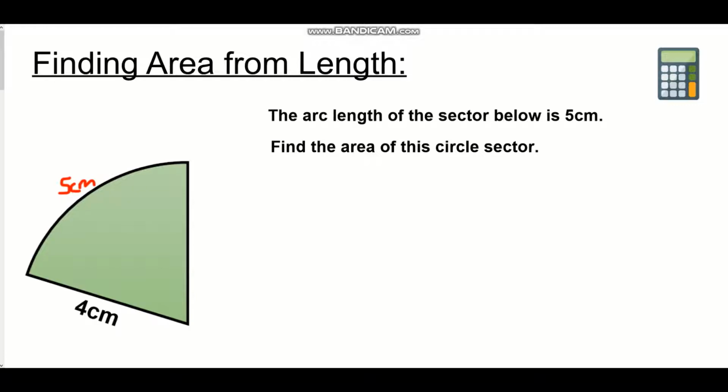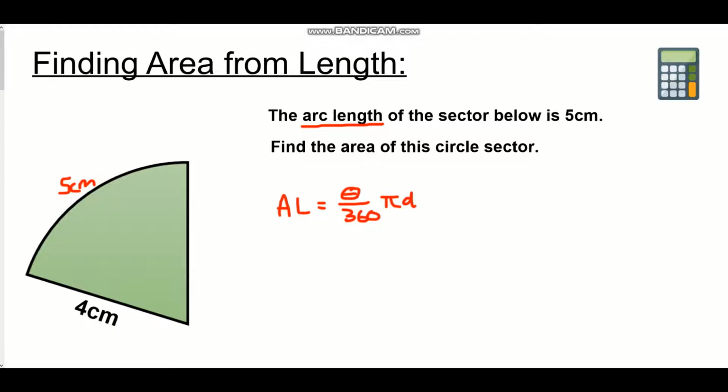All right, so we know about the arc length. That's in the question. We're going to use our formula: AL is equal to angle theta over 360 times pi d. Second step, let's put in all the information we know.